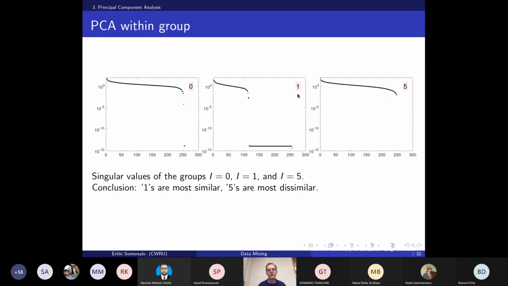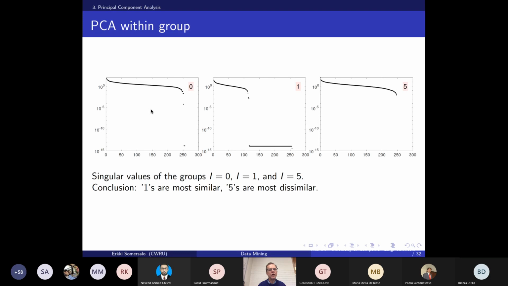The ones are much more similar to each other than the 5s, which is understandable. Most people write a 1 as a vertical line, so there is not much variability there. Therefore you can explain the data with fewer principal components than what you need to explain 5 or 0. So that's one way of using this principal component analysis.